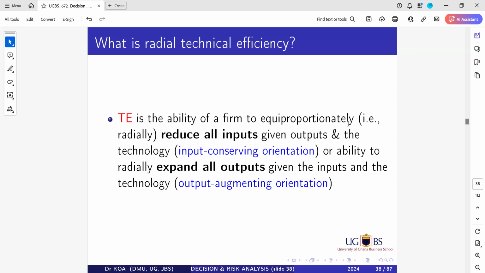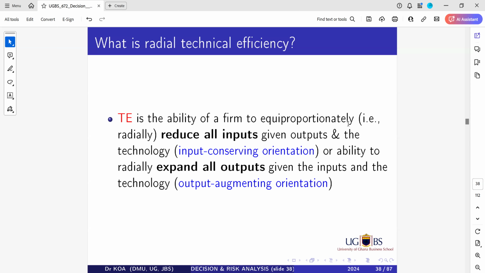And so the distance from the origin, which is in this case the center, to the edge, that makes it radial. And anytime you have such kind of a distance, the movement along the distance will maintain the ratios. And when we come to the proper graphical measurement of efficiency, you will note that the original way of measuring it is using the radial approach.